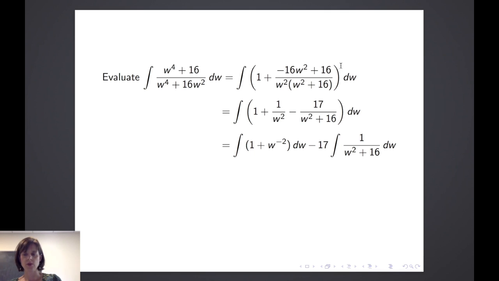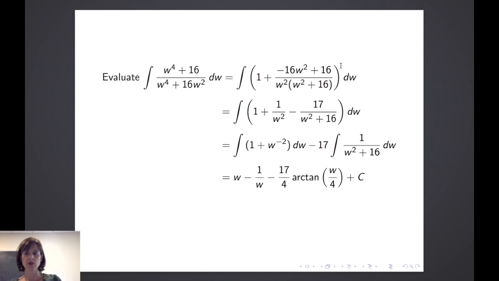That 1 over W squared plus 16 suggests that we're going to have an inverse tangent as our antiderivative. And so our answer is W minus 1 over W minus 17/4 arctangent of W over 4 plus C.